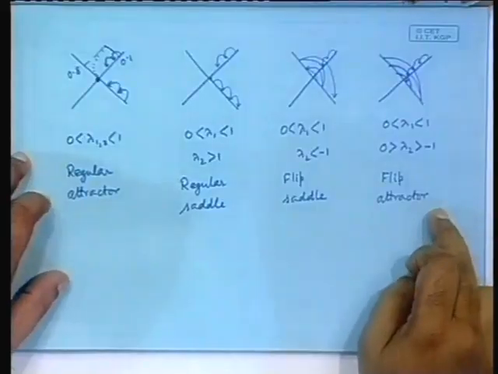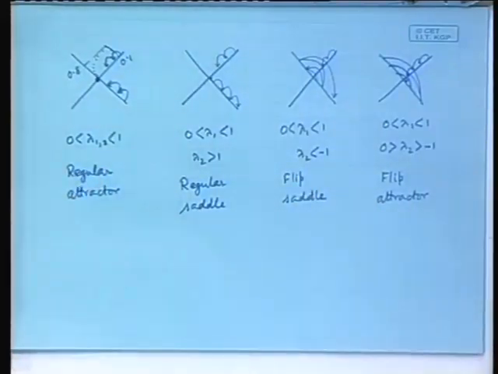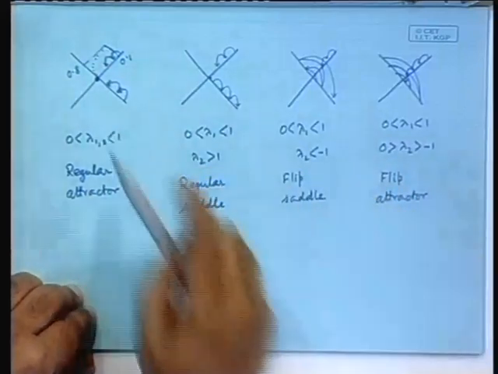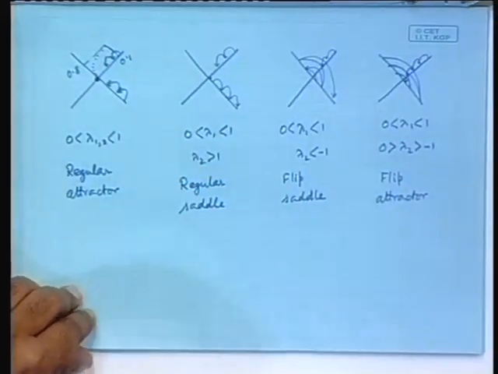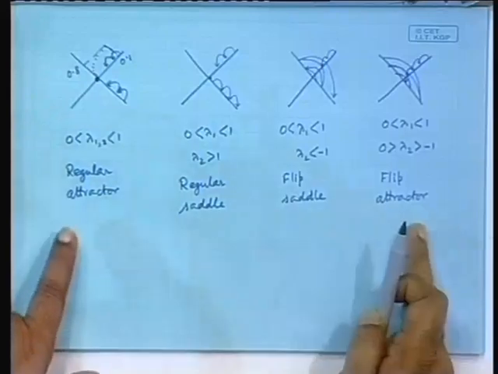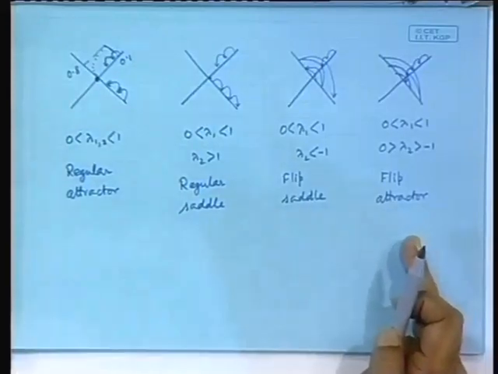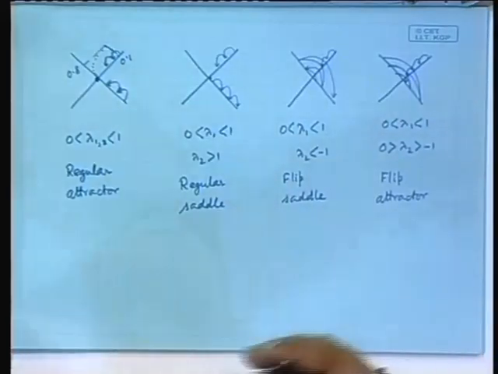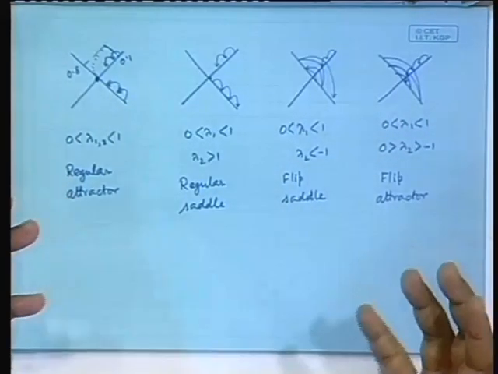In these cases, under what condition was the fixed point stable? In the real case, the magnitude would be between 0 and 1. If it is complex conjugate, then the magnitude has to be less than 1.